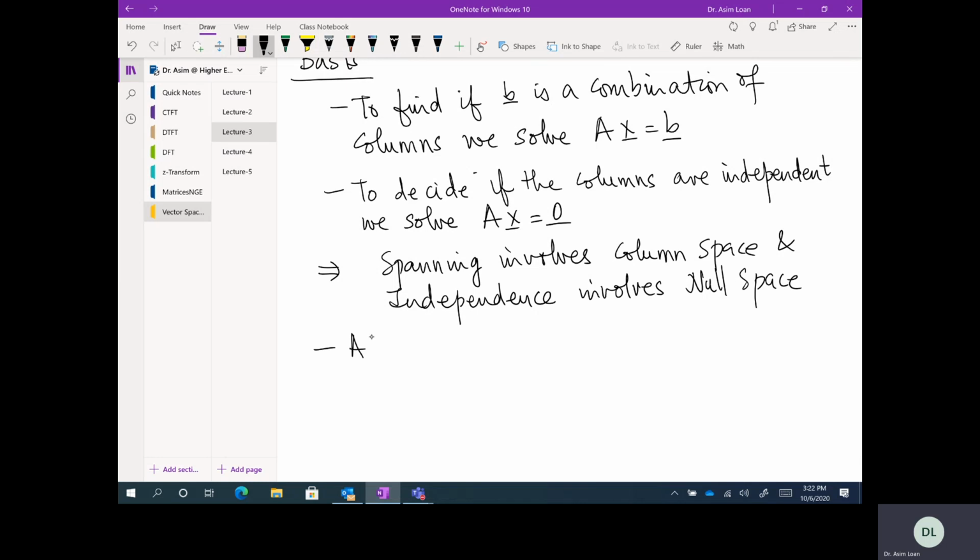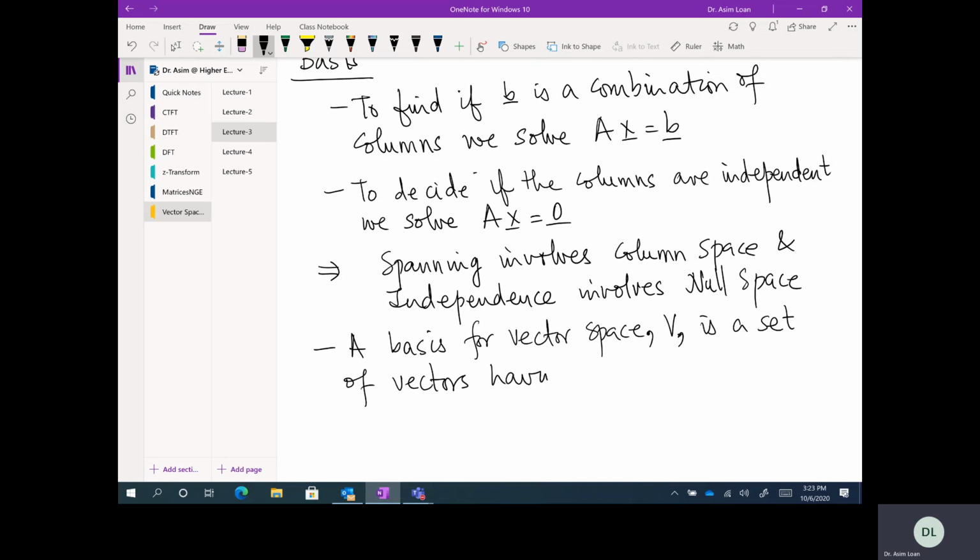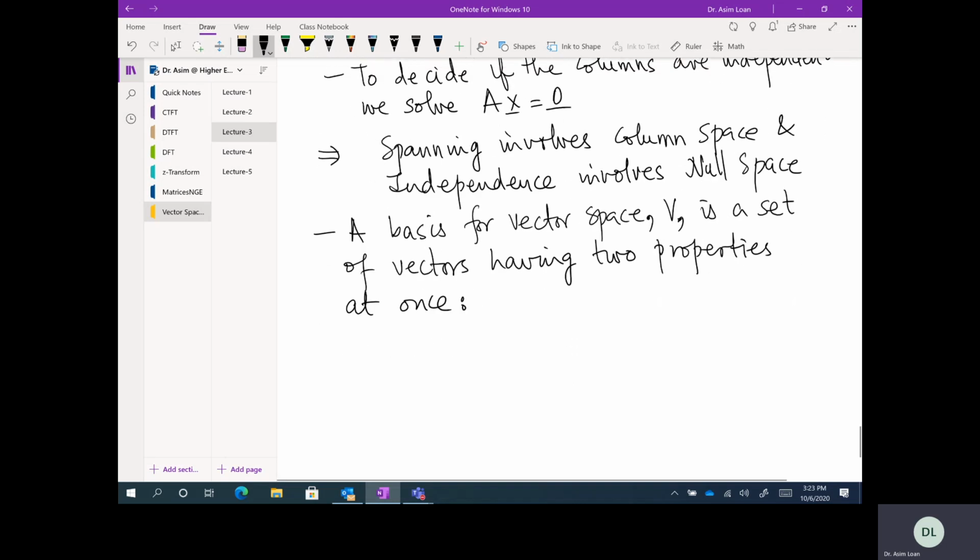So a basis for vector space V is a set of vectors having two properties at once. And what are those two properties?